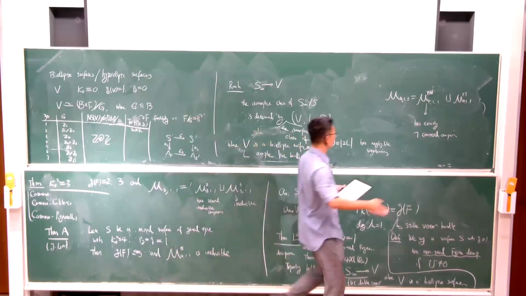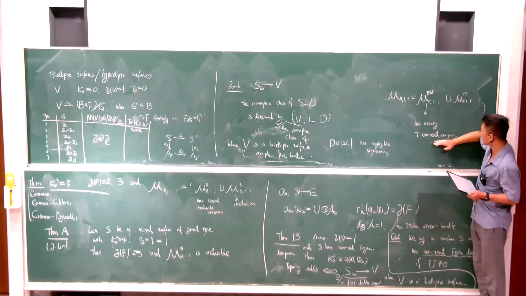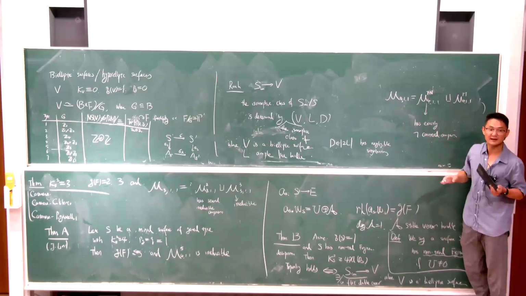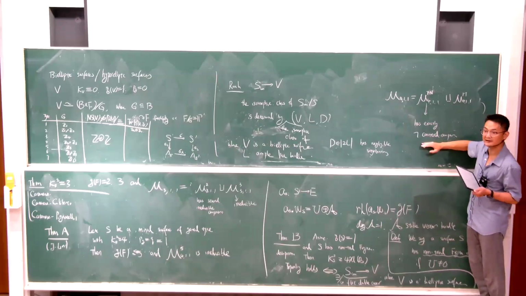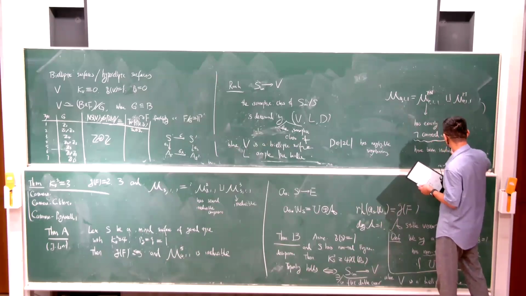So we get, in this case, when the Fujita decomposition is non-trivial, 7 irreducible components corresponding to the bielliptic surface. But what is interesting is that these surfaces are not new. They have already been studied by other people.